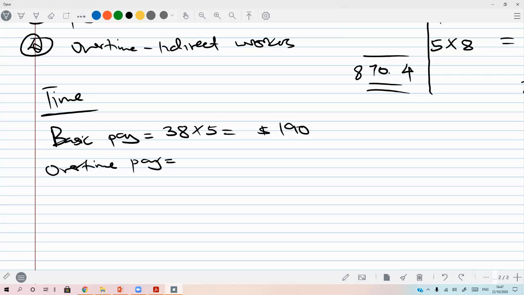We have 6 hours overtime, and the pay is time and a half, so 1.5 times the pay per hour, which in this case is 5, to give us how much? $45.